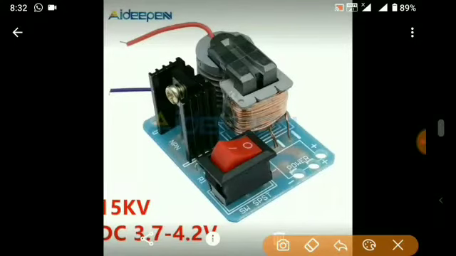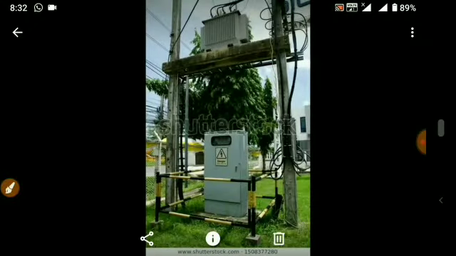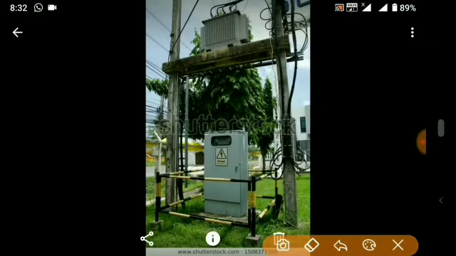Now students, this is a simple transformer used in small circuits to change small voltages. Now when the high voltage transformers are used, this type of arrangement is made. You might have seen this type of arrangement. This is a transformer here.